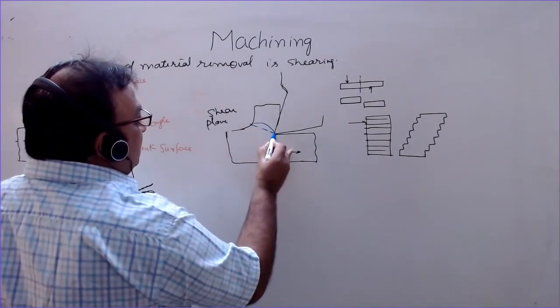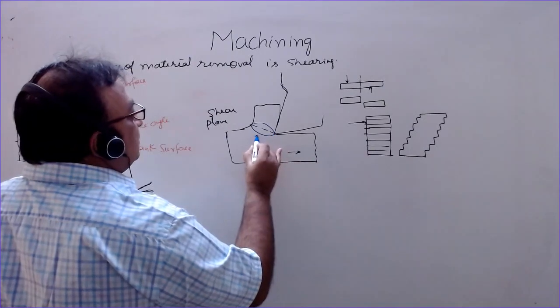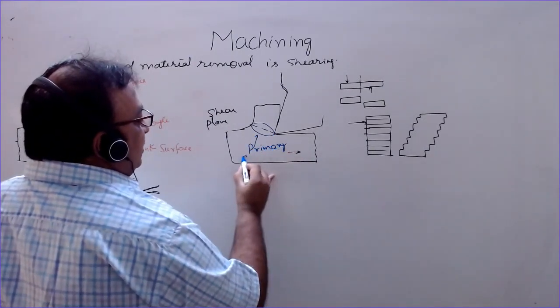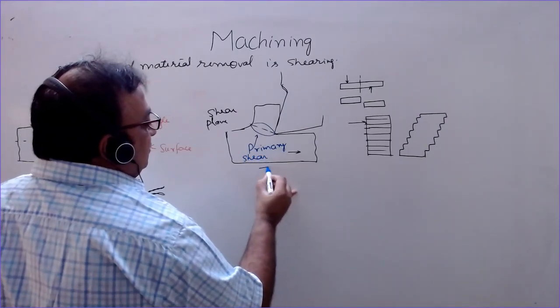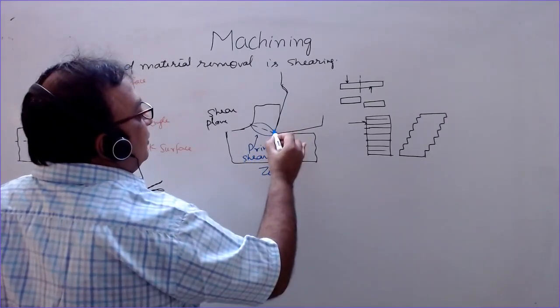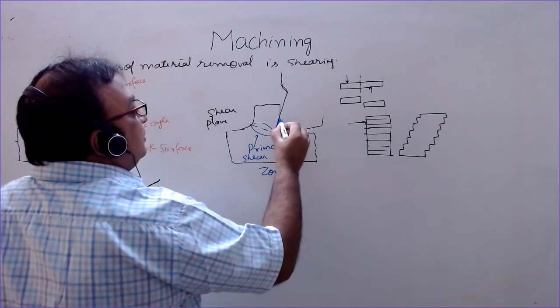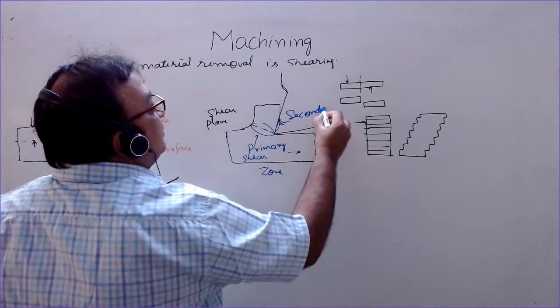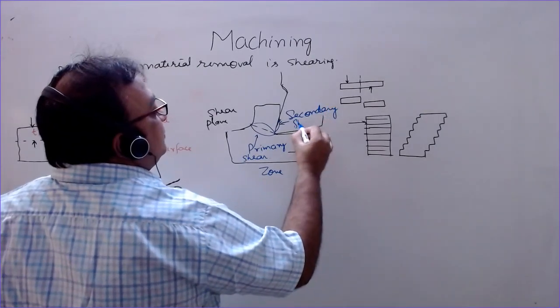Here we have two planes. Here primary shear occurs, and here also we have a plane that is known as secondary shear zone.